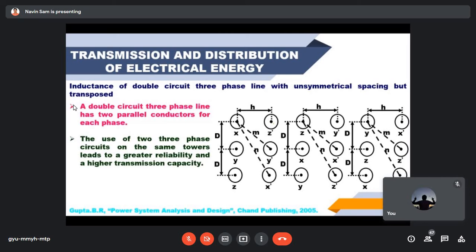The use of two three-phase circuits on the same towers leads to greater reliability and a higher transmission capacity. Reliability in the sense that if any one of the conductors is in fault condition, another conductor can be utilized for transmitting the power.